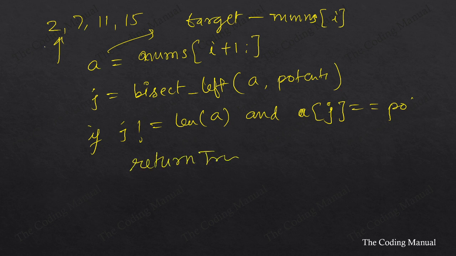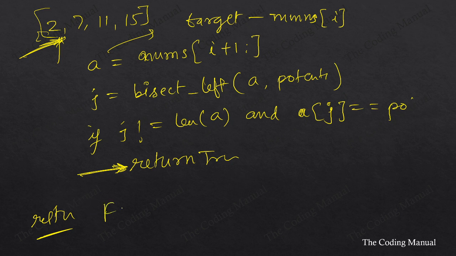When the first topmost loop ends, you can return false, because this has to return if the element exists. If two elements exist which sum up to a target, this has to return. But once this topmost loop exits, you could not find any two elements which add up to the given target, so you have to return false.